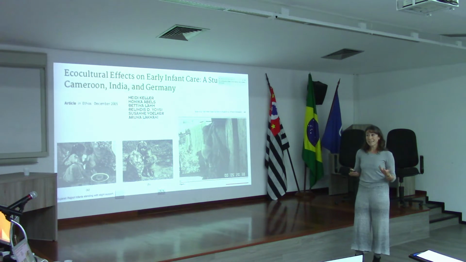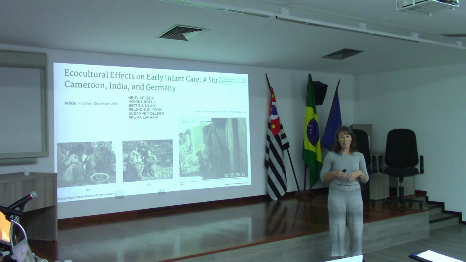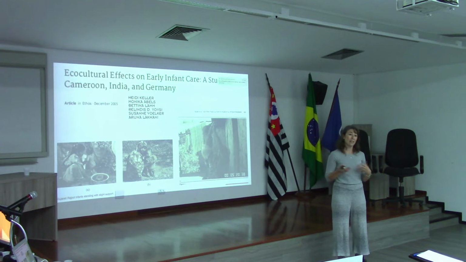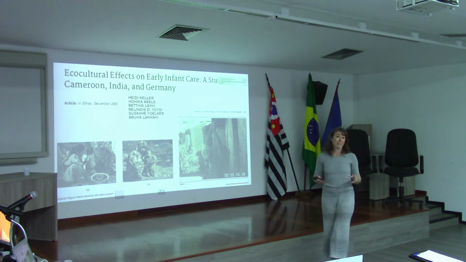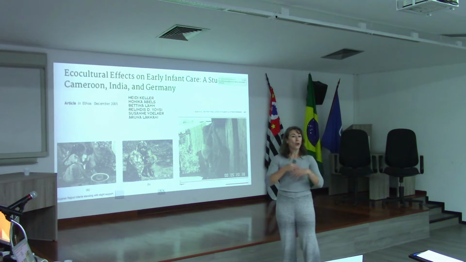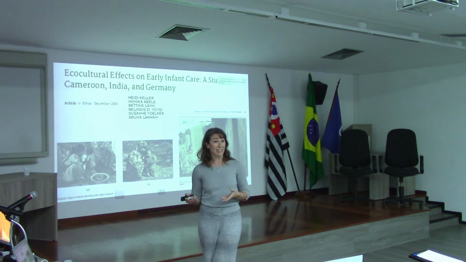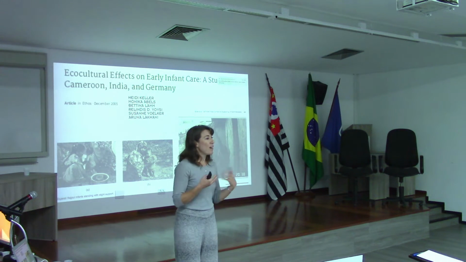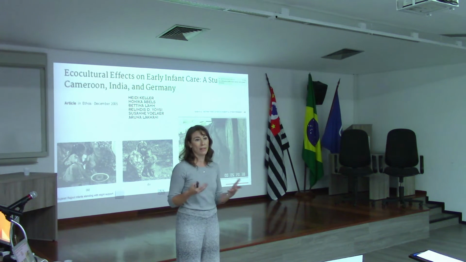So that's why culture and care are so important for infant action development. Adults must show them different opportunities. And adults must also provide situations where they can choose what they want to do.